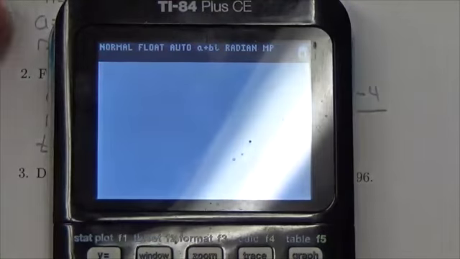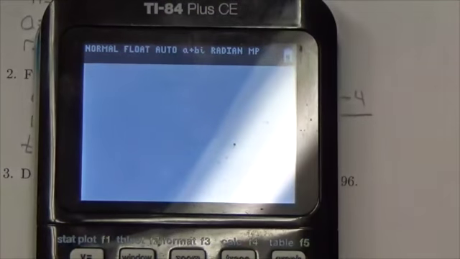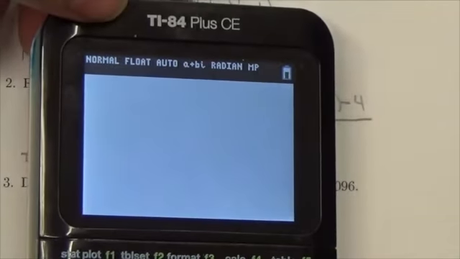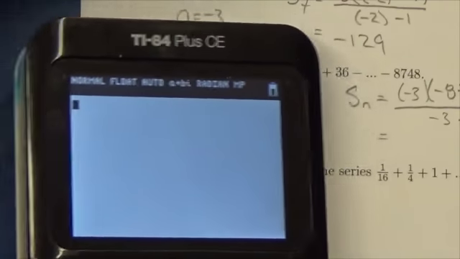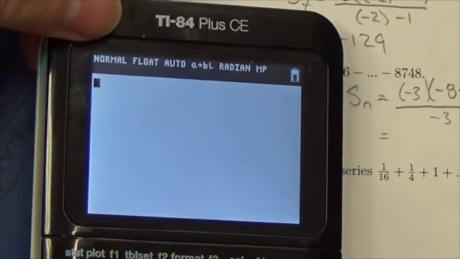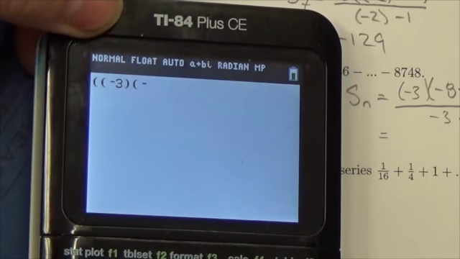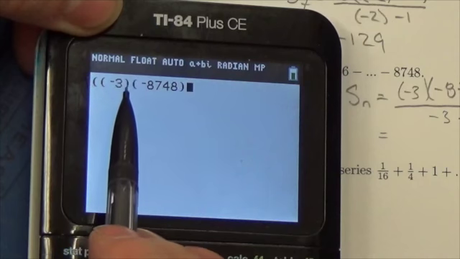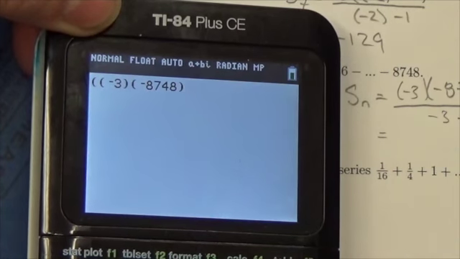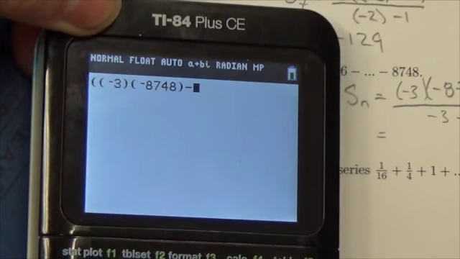So what we'll do here is I'll enter this in. So brackets around the numerator, brackets around negative 3, and then this will be negative 8,748. Okay, so I put brackets around those numbers, and the calculator knows that that means multiplication, and I'll subtract 4.